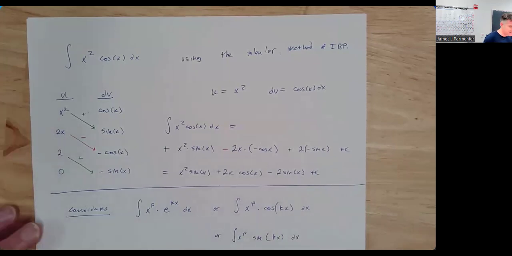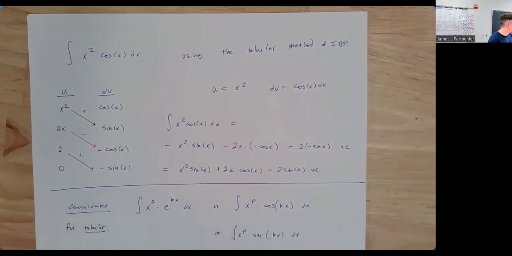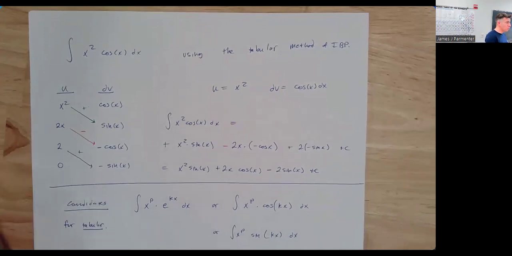Those are the 3 types of things that we can use tabular integration for. There are other integrals that will require integration by parts multiple times that we can't use tabular for. But these 3 ones specifically, you can. So let's do one more example of this and then we'll move along.